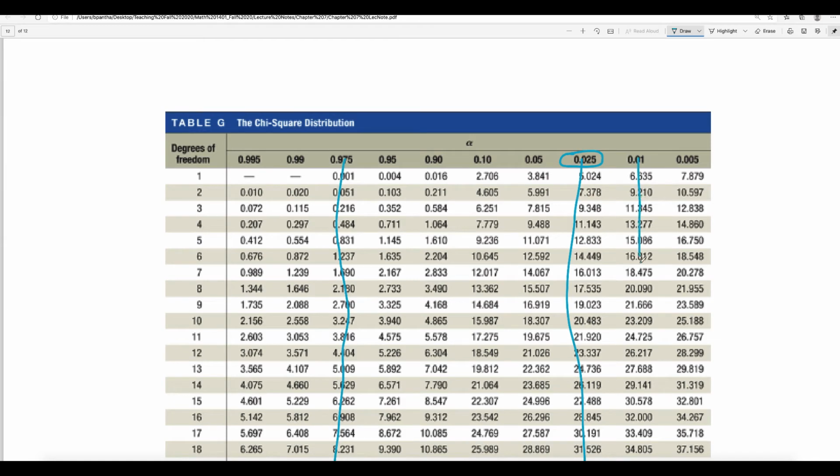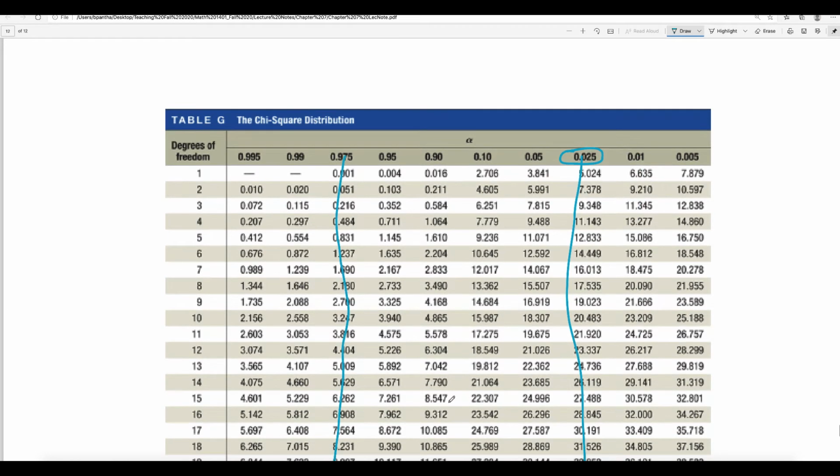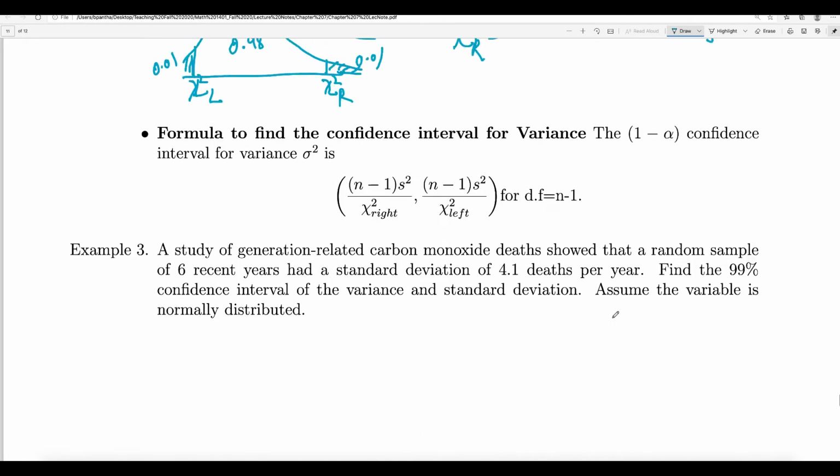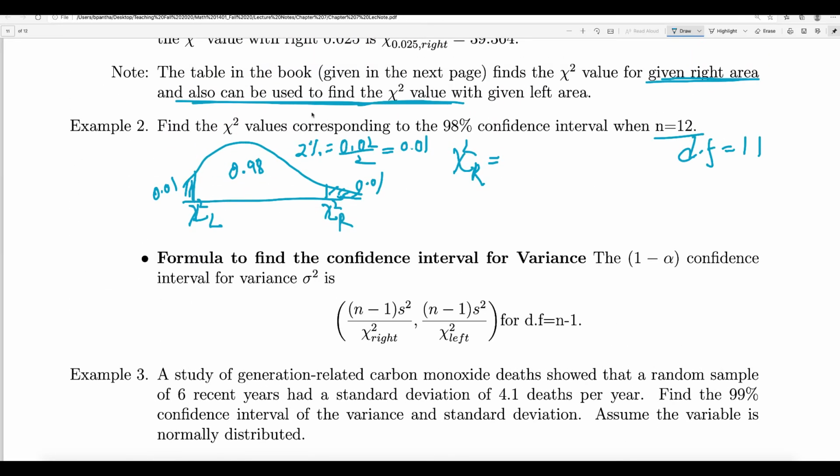See, 11th row and 0.01. So it is 24.725. This value will be 24.725.